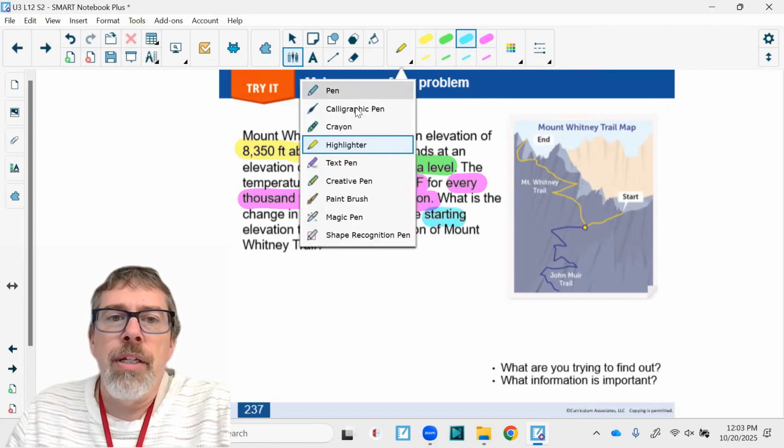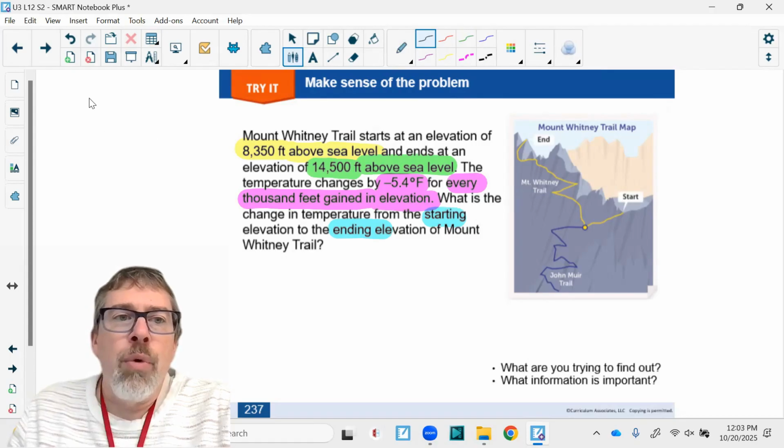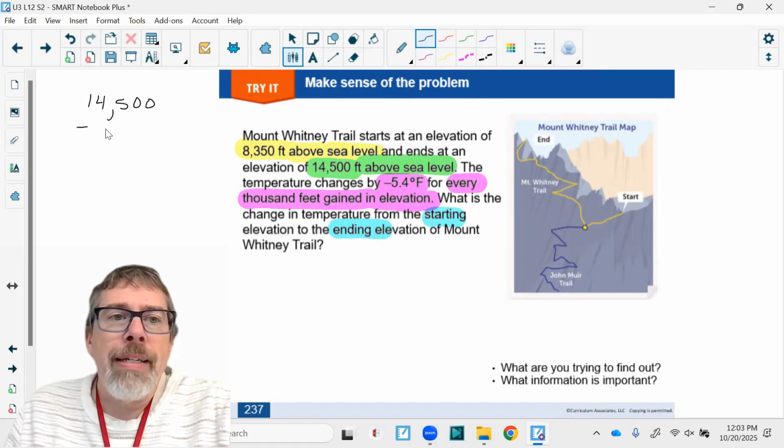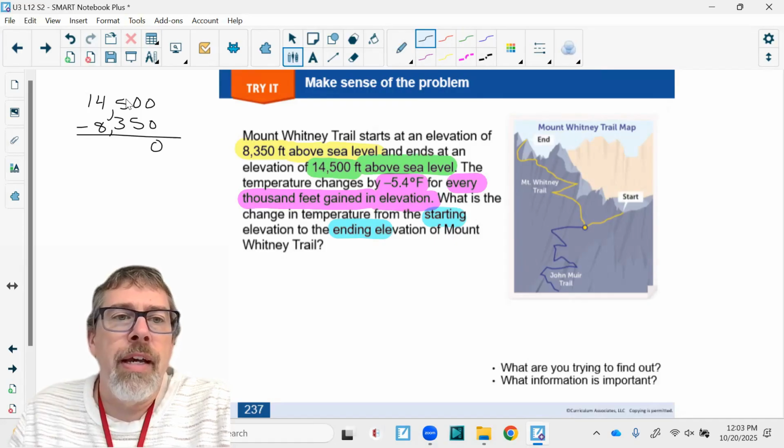So that's the first thing we need to do. We end at 14,500 feet above sea level. Wow, that's high. And we subtract 8,350 to see how long the trail is in elevation. So 10 minus 5 is 5, 4 minus 3 is 1, and 14 minus 8 is 6.